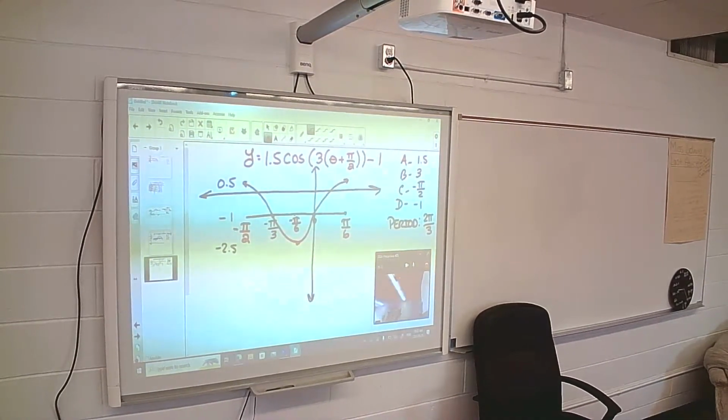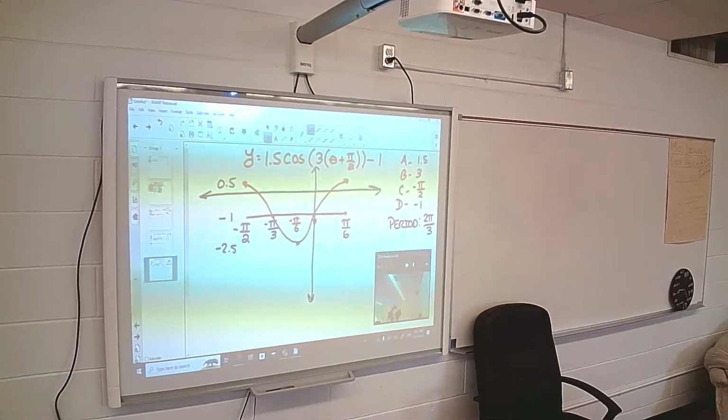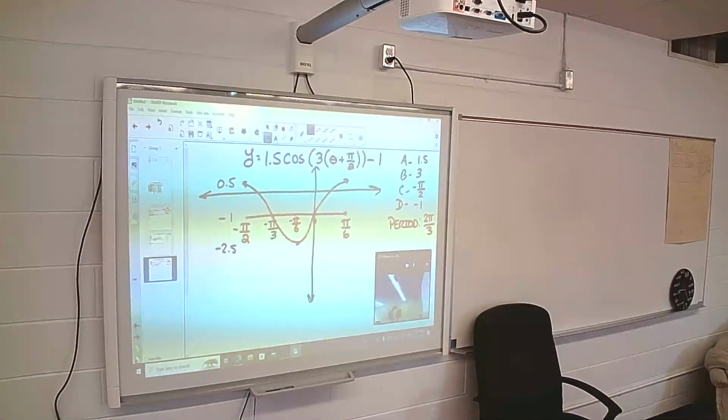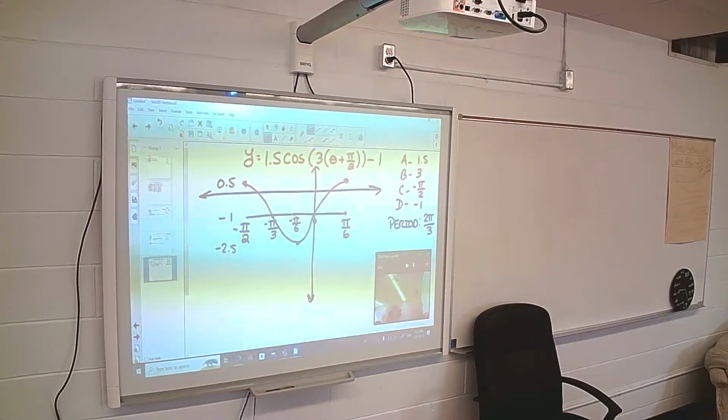Then at that point, I might add in my x and y axis, and then I put my midline D in, right? And then use the amplitude to get your max and your min. So in the order, C, B, D, A. That's kind of the order in which you go.